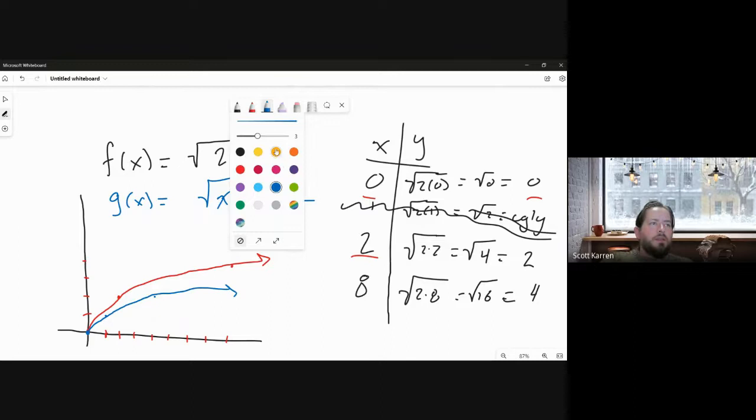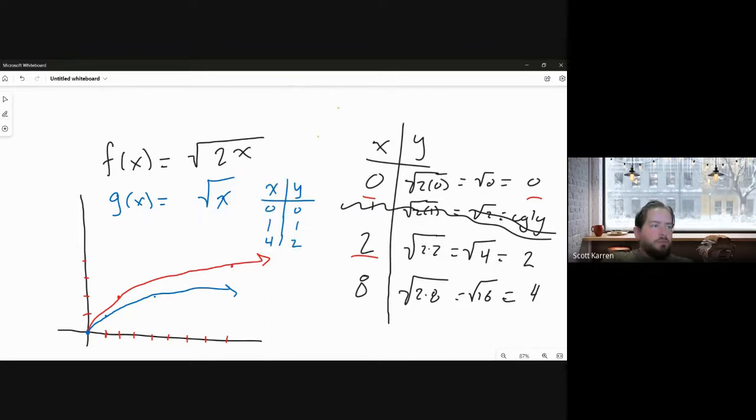Now, what's happening here is a compression, but in the horizontal direction of 1/2. So this point here that was at 4, 2 got squished all the way to half the x value to be 2, 2 here.